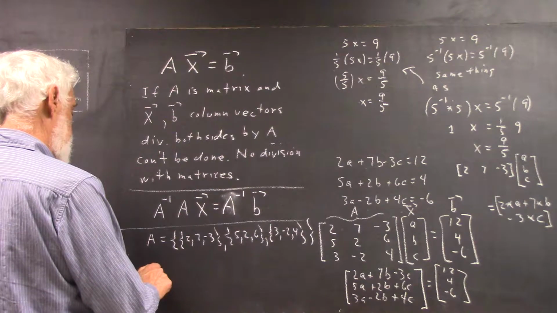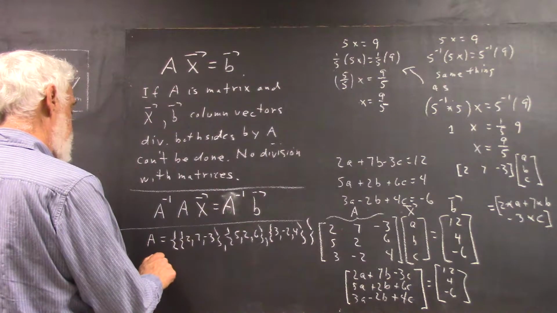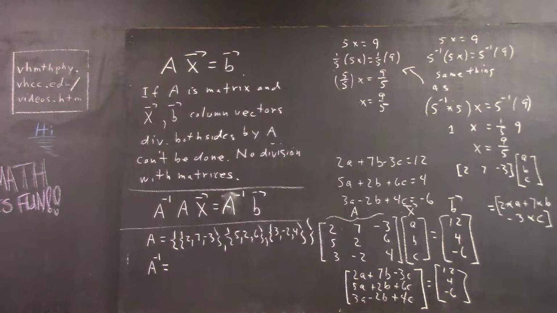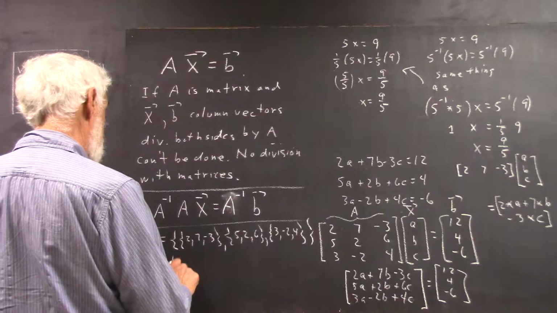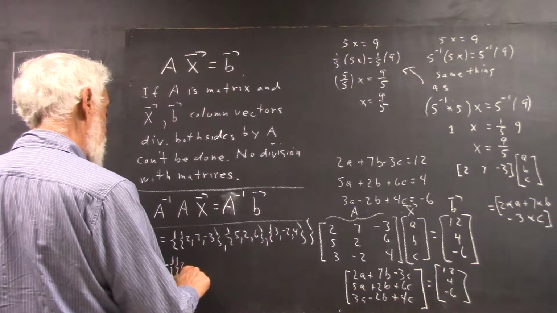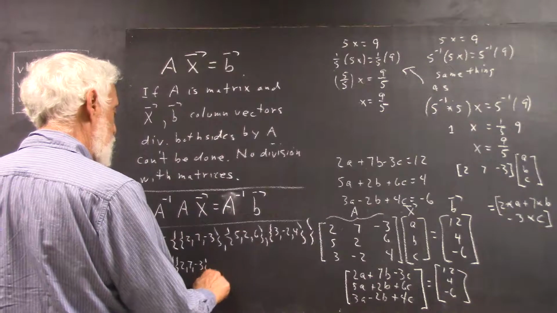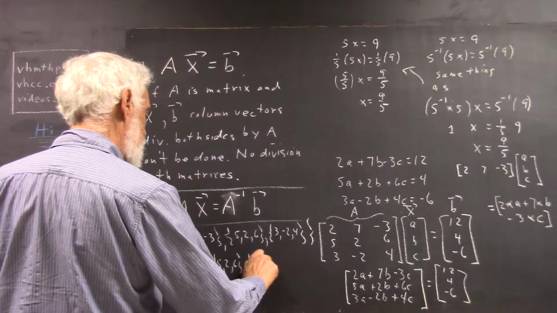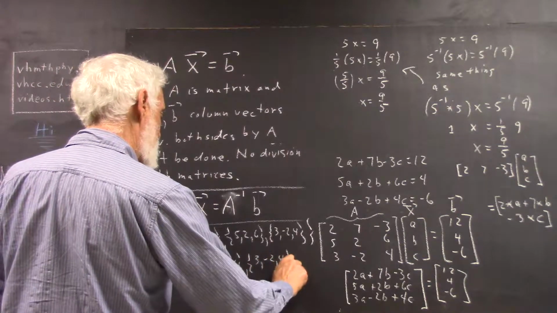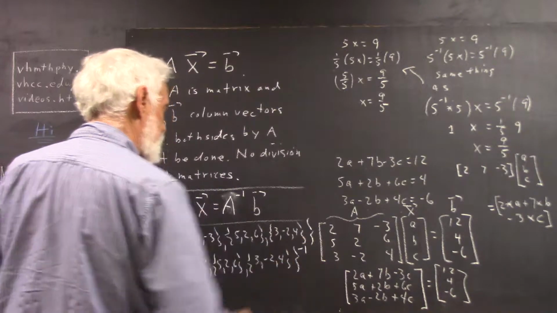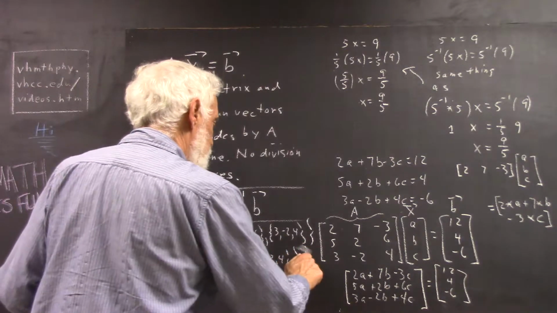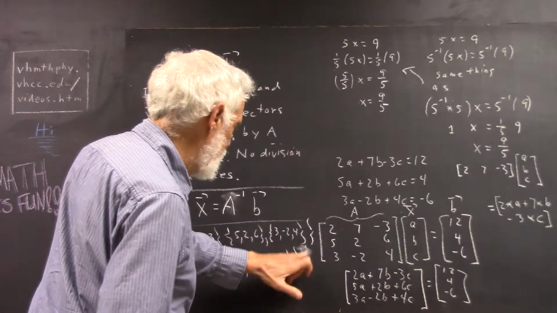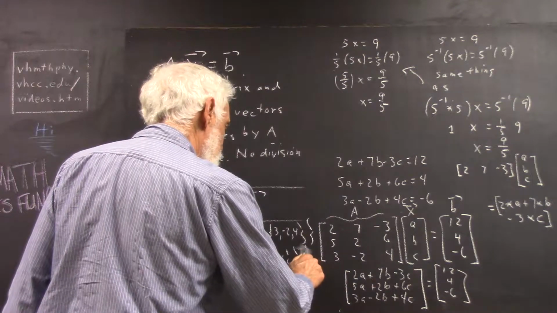So, A inverse is what? Here's how you put A inverse into Wolfram Alpha. You write this, raised to the negative 1.